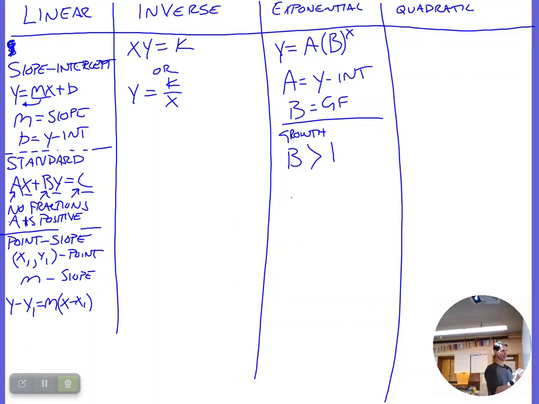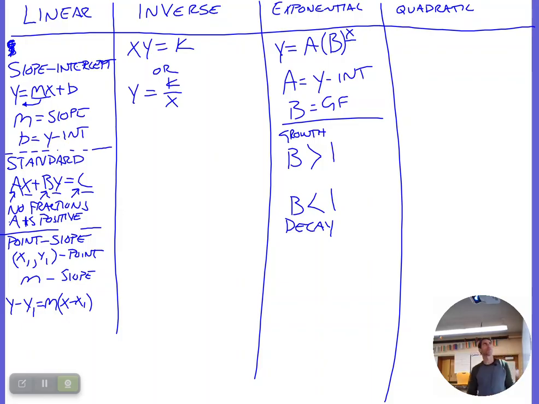If you have b less than 1, we will have decay. The key in identifying exponential equations is that you have a variable, a letter, as the exponent.